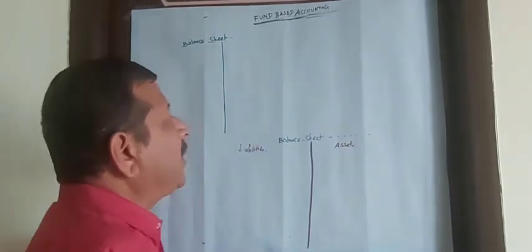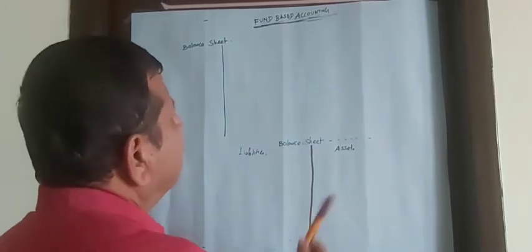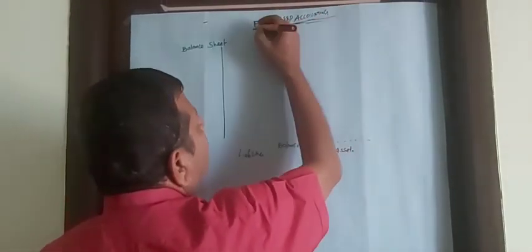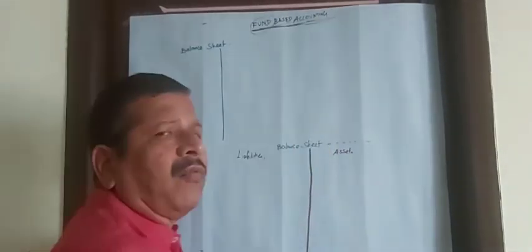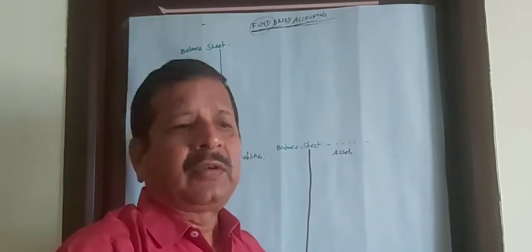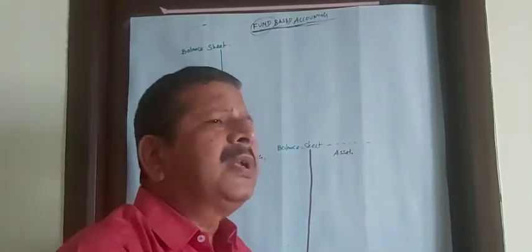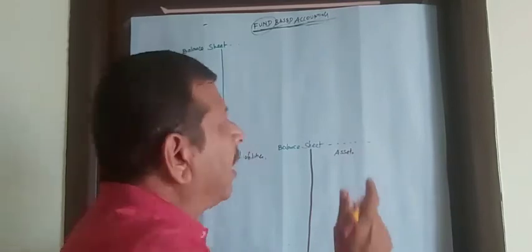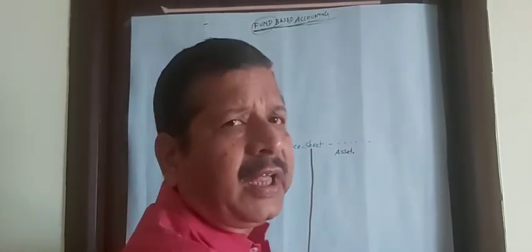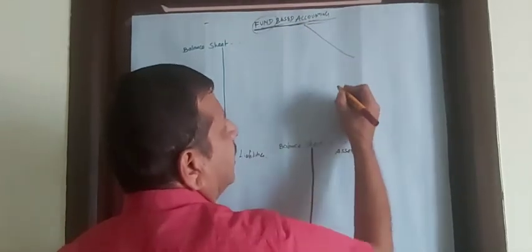This fund-based accounting, you see, what do you mean by fund? Fund means money. The fund is nothing but, simply, money. But in a not-for-profit organization, there are two types of fund.